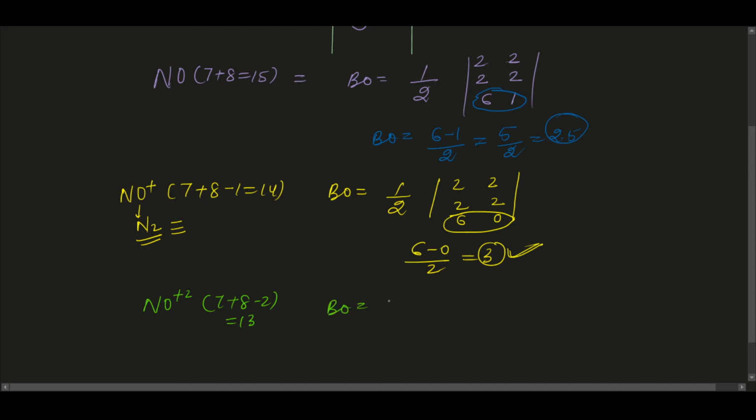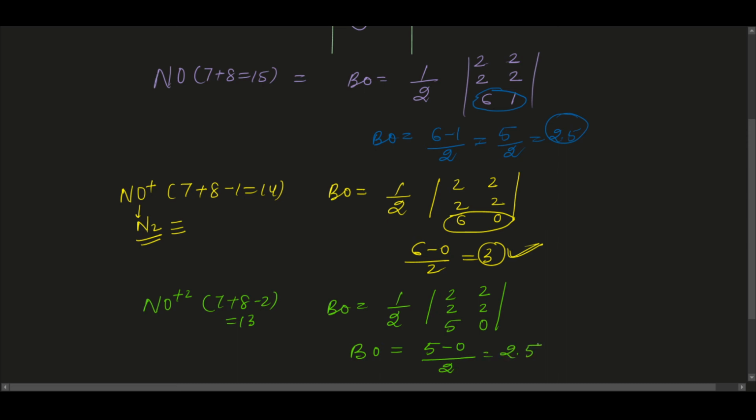So bond order equals 1 by 2, 2, 4, 6, 8, 8 plus 5, 13, and then 0. So bond order again comes out as (5 minus 0) by 2, that is 2.5.